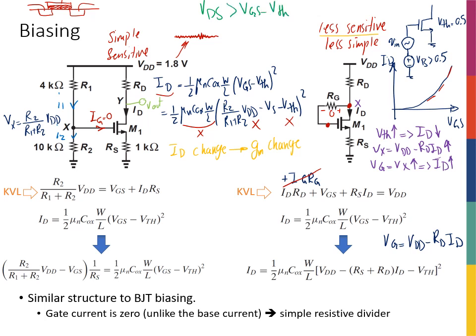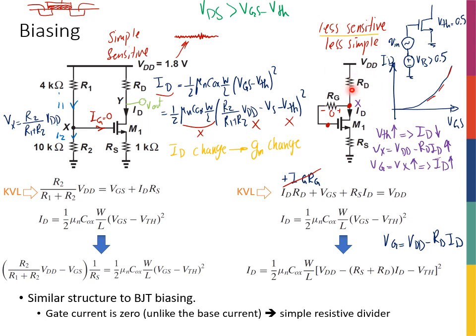Okay, now VGS minus VTH is set by, well, here, and we know that it's basically set independent of whatever is happening here, right? So I could have really large IDs that could take my transistor out of saturation, right?